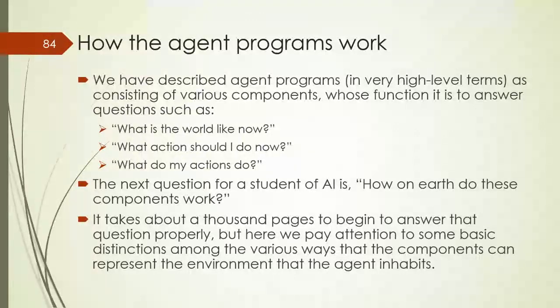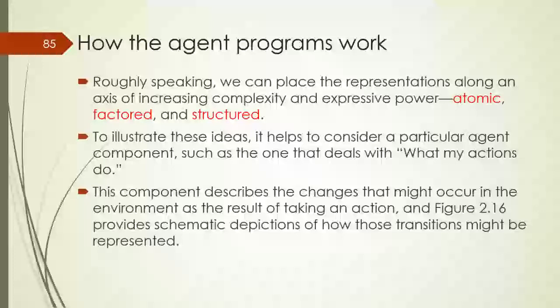But to give you a better perspective, just talking about these basic questions of how to write these agents, there are three basic approaches to represent the internal state or the structure inside the agent.